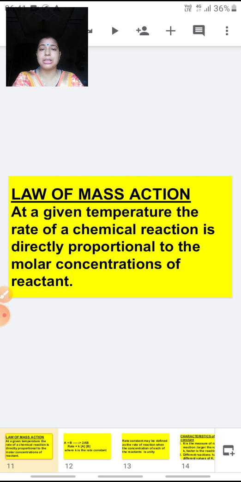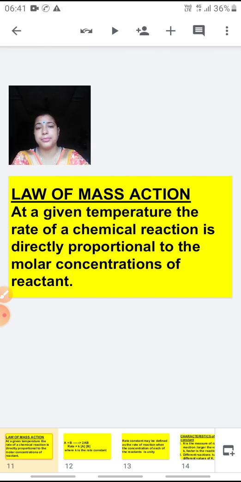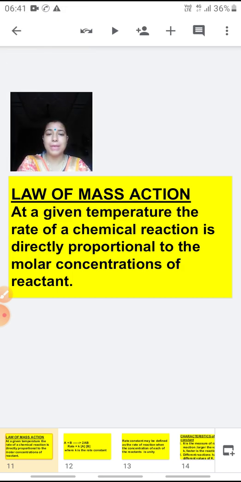The law of mass action states that at a given temperature the rate of chemical reaction is directly proportional to the molar concentrations of the reactants.